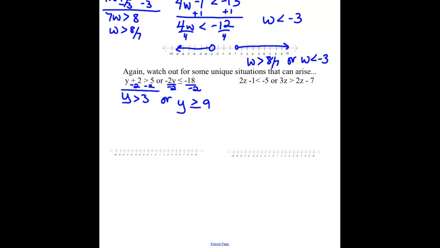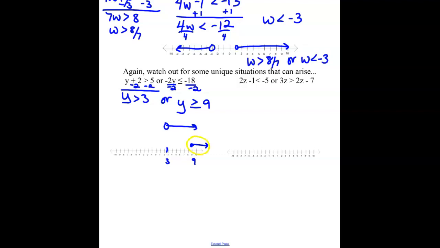So if we picture this one, y has to be greater than 3. So here's 3. We want to be greater than 3, or we can equal 9 or be greater than that. Now, we want to include both pieces, but they do overlap a little bit.